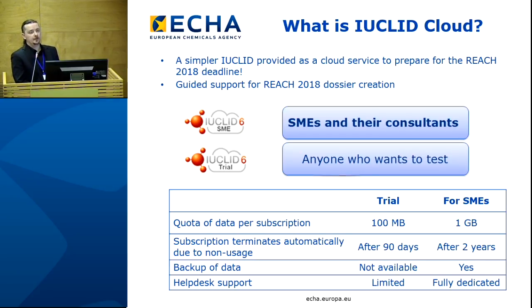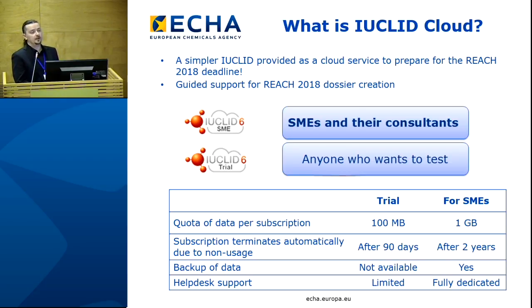We have 2 different services. We have the Euclid Cloud for SME, which is the main thing, but then we also have a trial one. Anyone can test out the trial one, but otherwise the SME is meant for SME companies or consultants working for the SMEs. The main difference between the SME and the trial service is mainly aesthetics. The SME has a large storage space because you can store your data there.